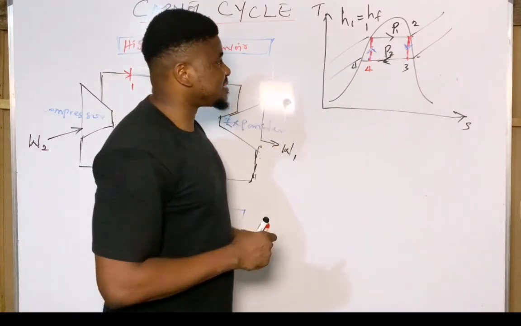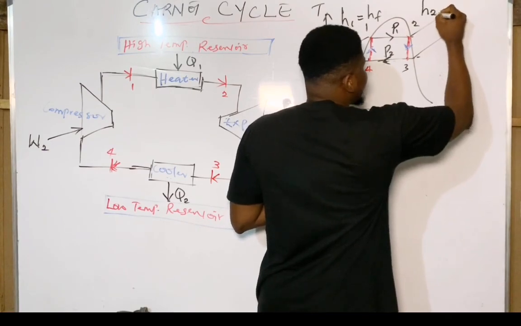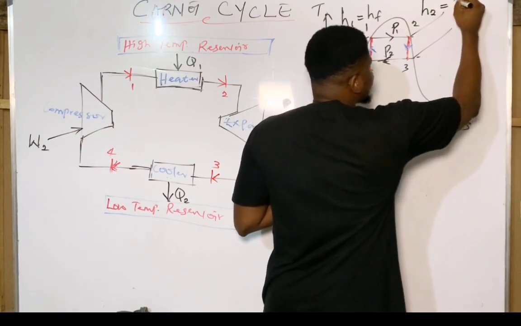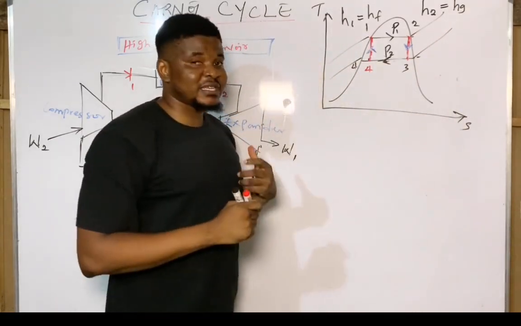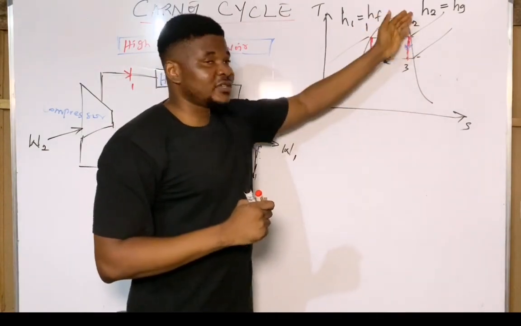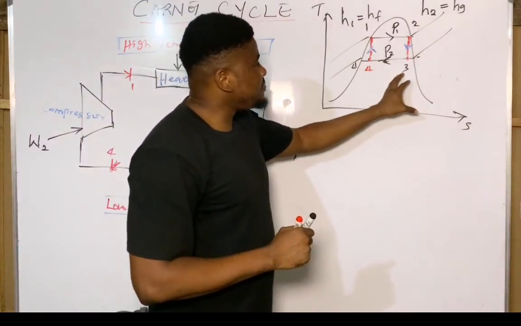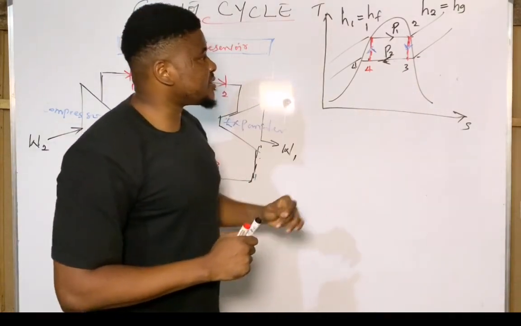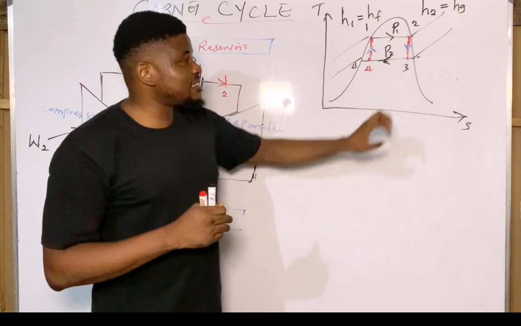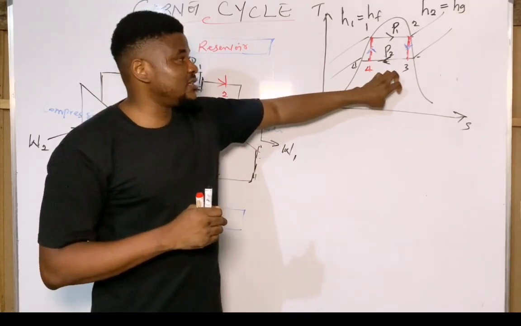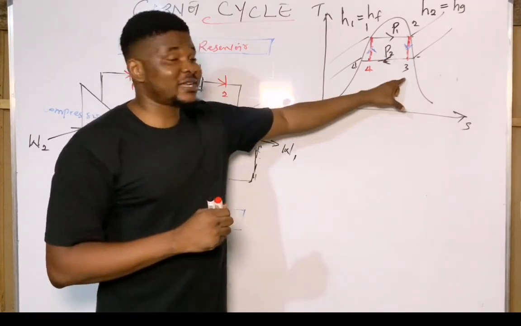On the gas line, that's at state 2, our enthalpy there is H2, and H2 here is equal to Hg. So Hg simply means the enthalpy at the gas or the vapor line. So this can be found in your steam tables. Now, in between here, observe that state 3 is actually at the saturated vapor and liquid region. That is a mixture of both vapor and liquid. So there is a need to find what is called the dryness fraction at this point.